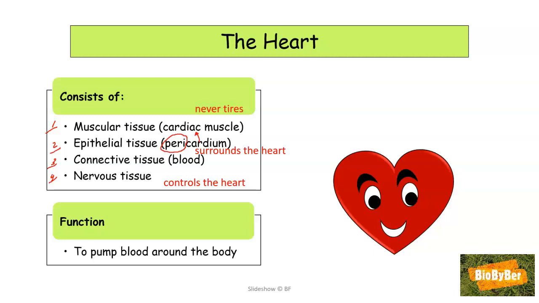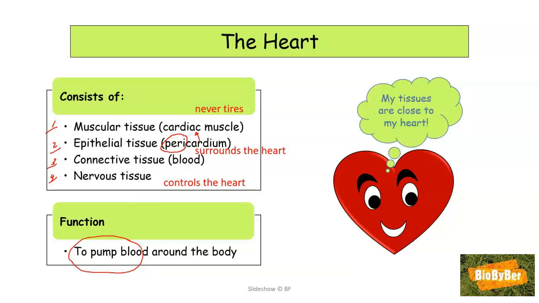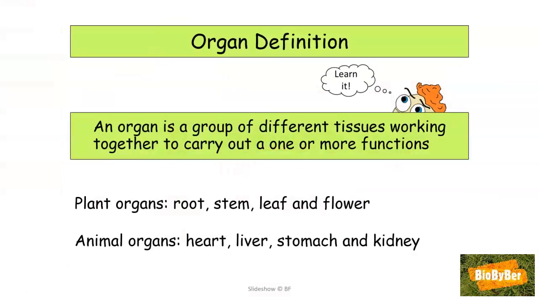And all these different tissues work together to carry out the main function of the heart, which is to pump blood around the body. Therefore, we have succeeded in showing, using the heart as an example, the definition of an organ. We have proved, or we have exemplified, particularly in the root and in the heart, that an organ does consist of different tissues working together to carry out one or more functions.